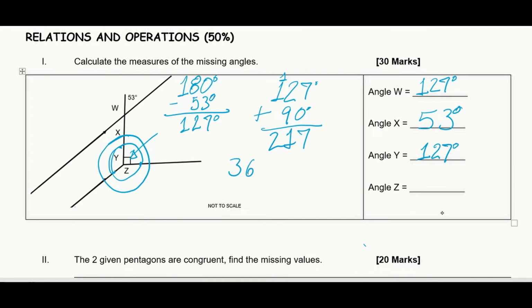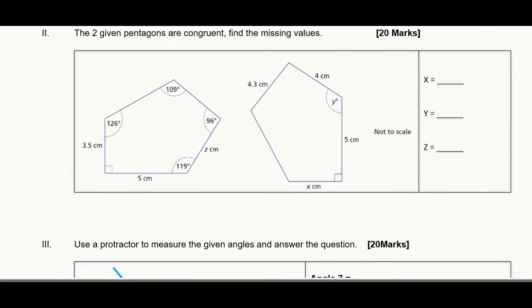So 360 degrees minus 217 is the value of Z. So we say this is 3, 5 minus 1 is 4, and this is 1, 143 degrees. Isn't it? And that's how you find the value of the missing angles. It is about properties that we had studied.